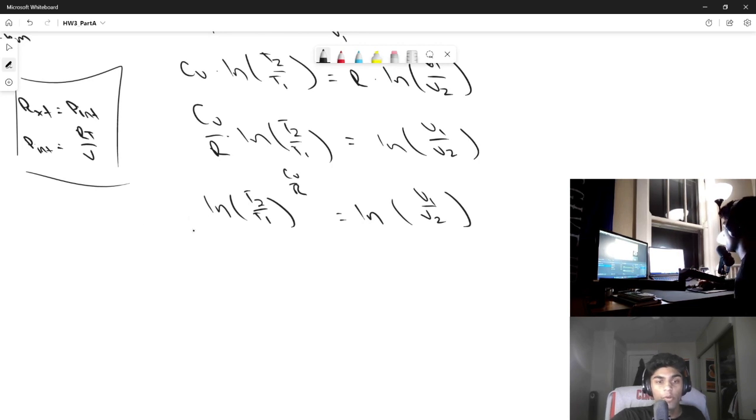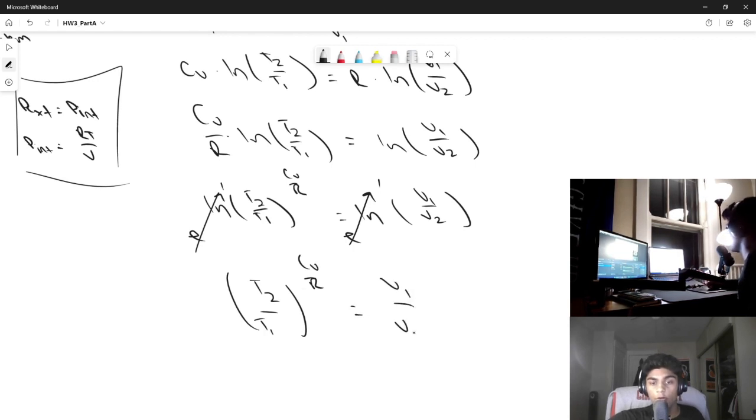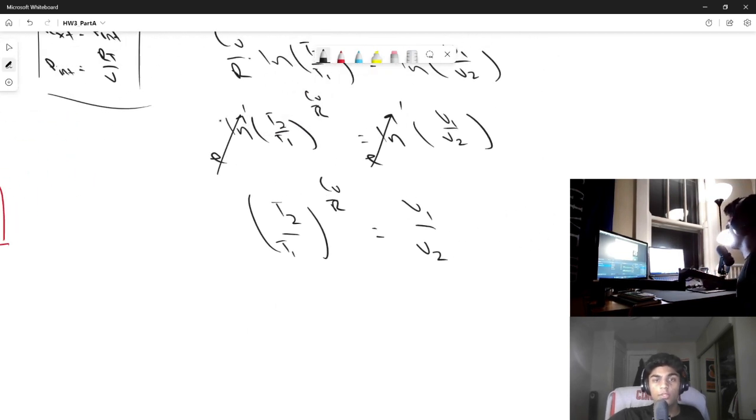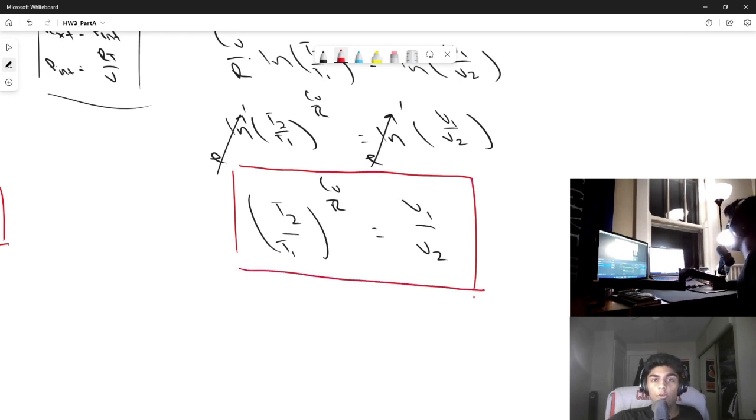And now we put all of this to the e power. These will cancel out our natural log expressions. And so what we end up with is T2 over T1 to the CV over R power is equal to V1 over V2. And this is going to be our temperature-volume relationship for an adiabatic system.